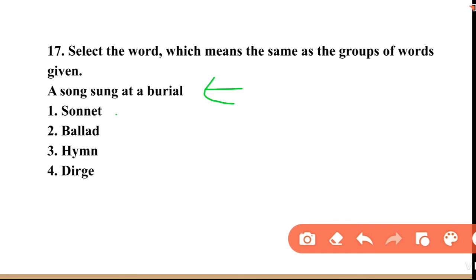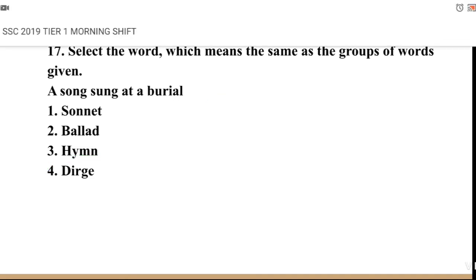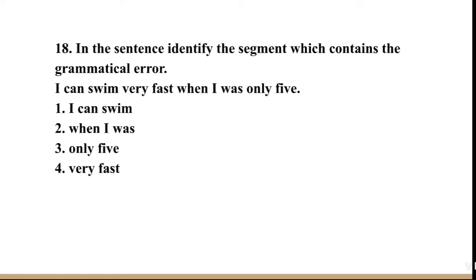Hymn is a kind of sermon. In Hindi it would be like Vani, or in Bengali it would be like Bani. So dirge is the answer. Dirge means a song sung at a burial. Question number 18. In the sentence, identify the segment which contains the grammatical error.